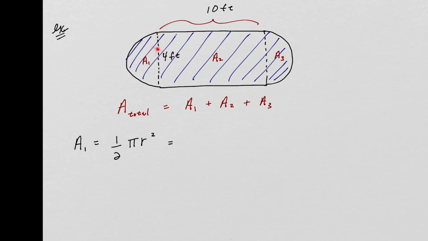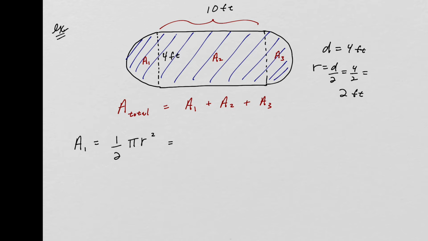This 4 really refers to the diameter of that circle. So if the diameter is equal to 4 feet, the radius is half of the diameter. So that'll be 4 divided by 2, which is equal to 2 feet.